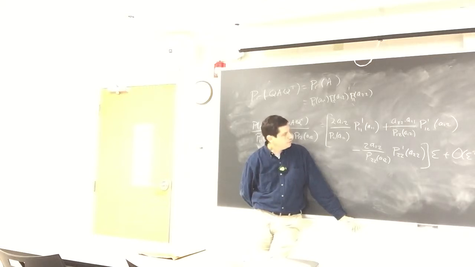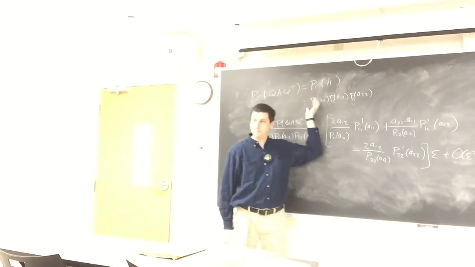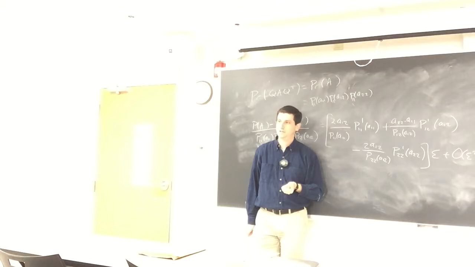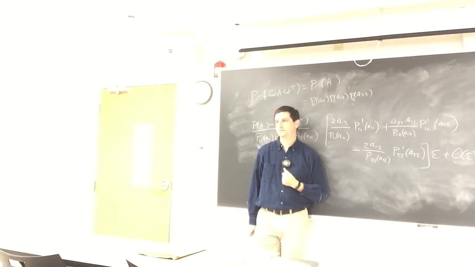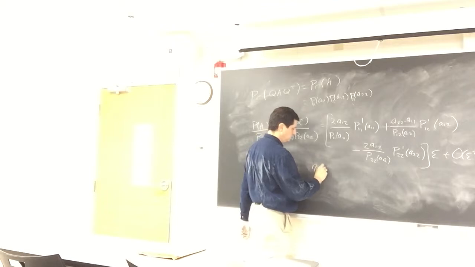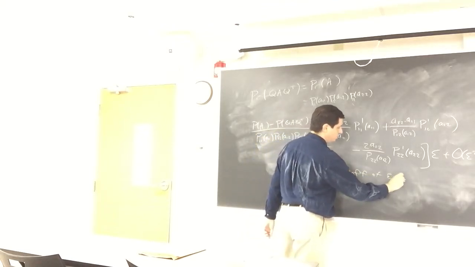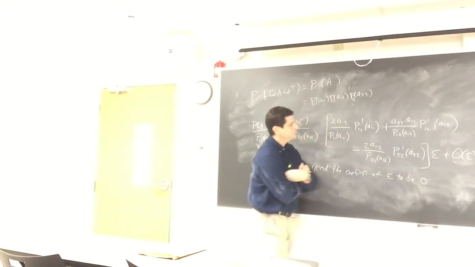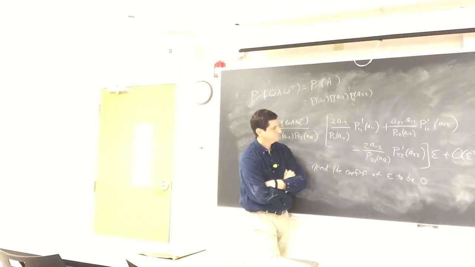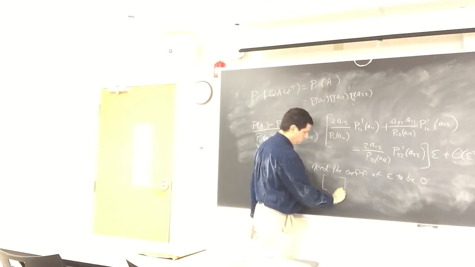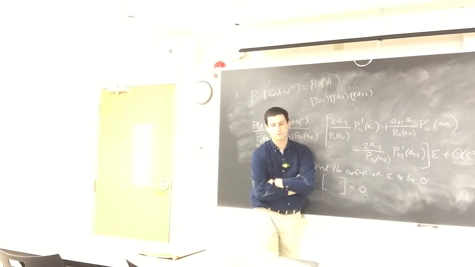Now, in order for these two probabilities to be the same, the coefficient of epsilon must be 0. If it's not, then I've got a change in probability. So I need the coefficient of epsilon to be 0. Okay? So this bracketed expression has to be 0.